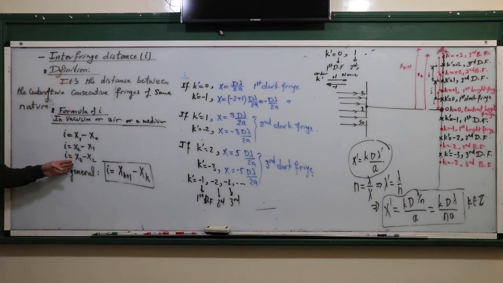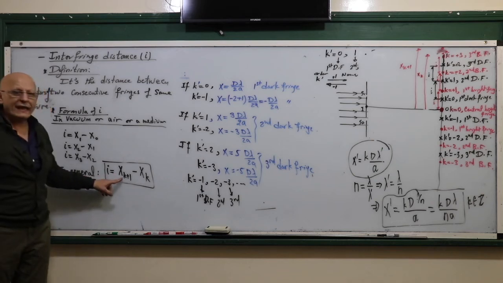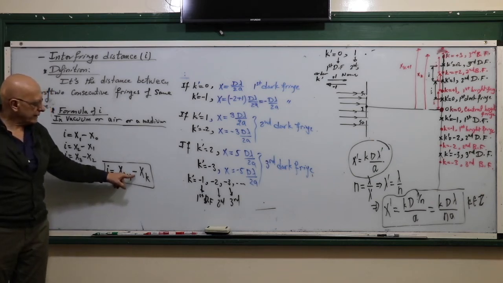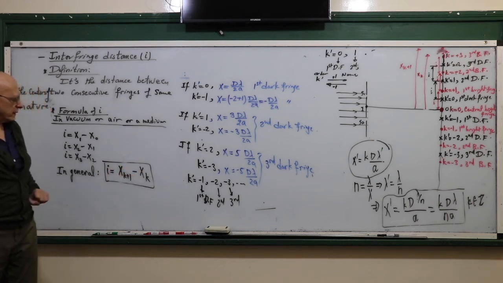And this is applied for bright and dark fringes. Similarly for dark fringes, this will be x(k prime plus 1) minus x(k prime).